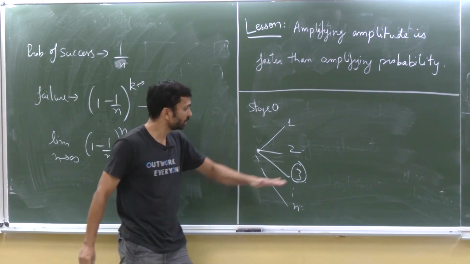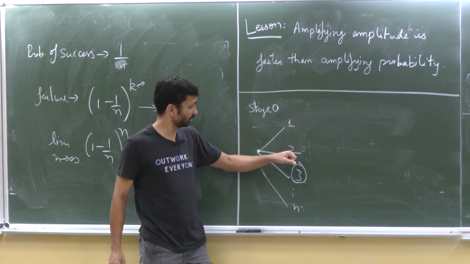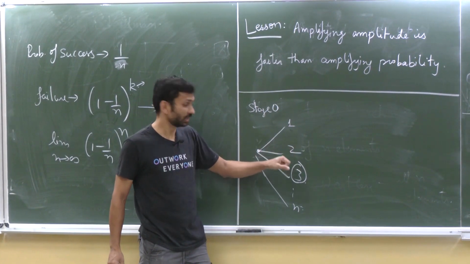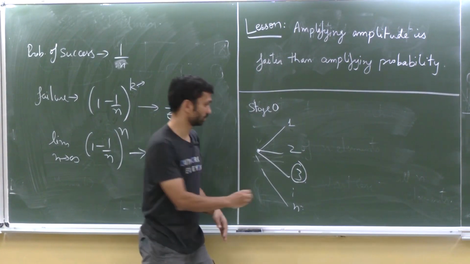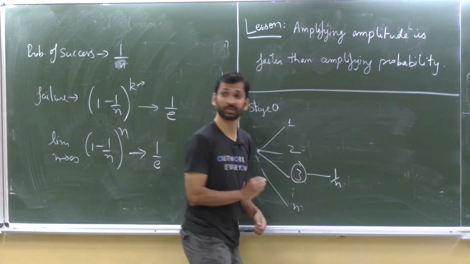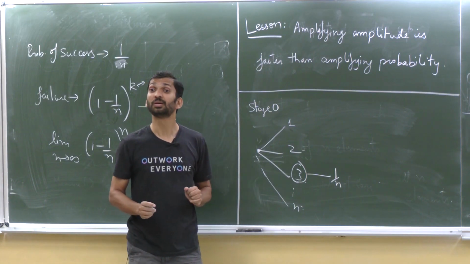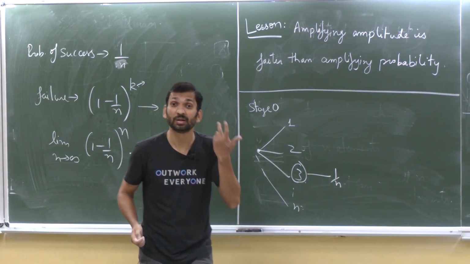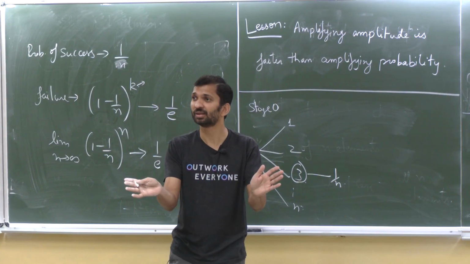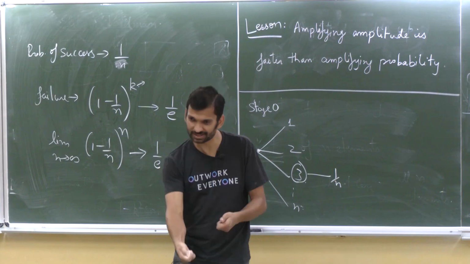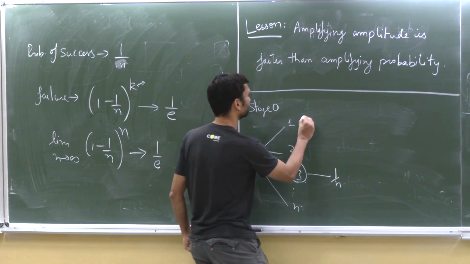So what happens now? This I get with probability 1 by n. If I reach here, my experiment is over. What happens here? Reset, repeat. I once again toss a coin which has n possible values. I'm once again picking an element from the list, which could be any of the n elements.